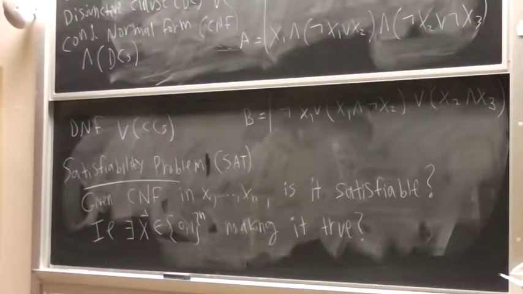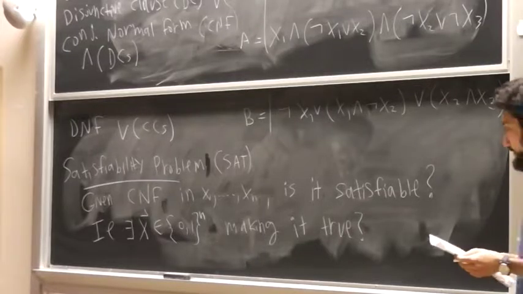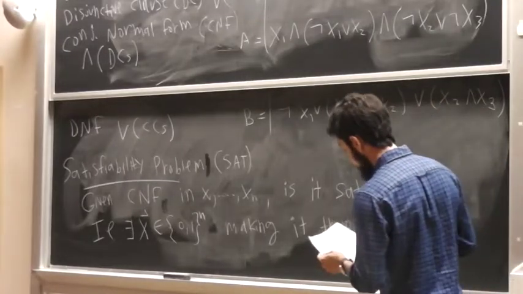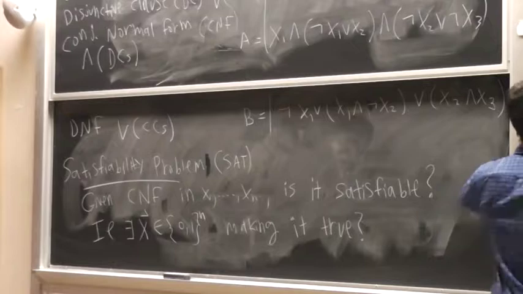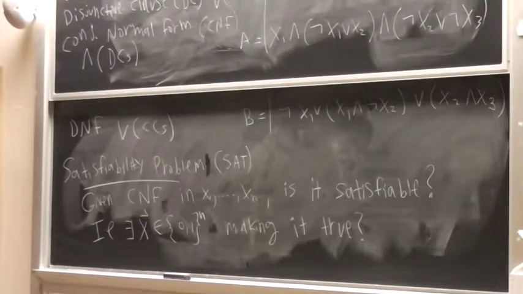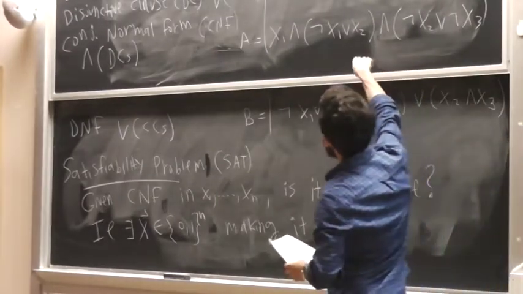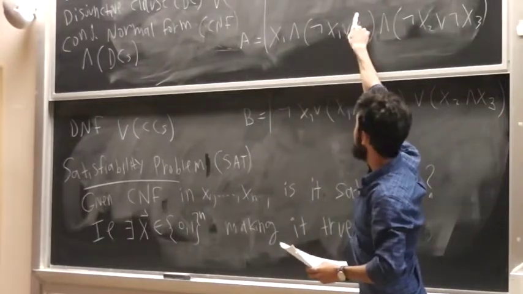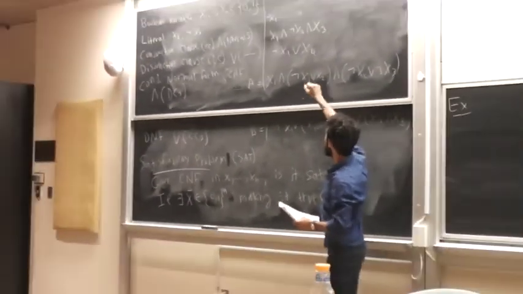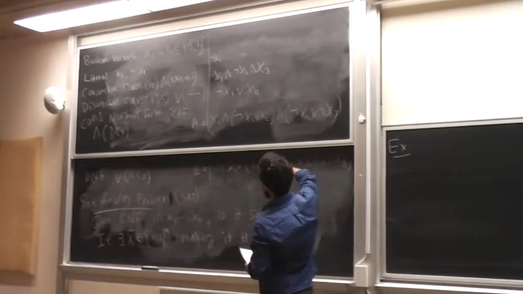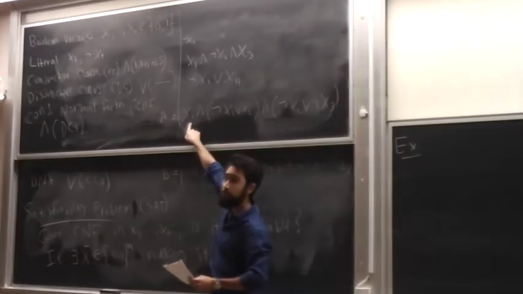Any questions about that? So, for example, going back over here, the example CNF that I gave, A. Let's see if that's satisfiable. To make this true, obviously you need to set x1 to be true.